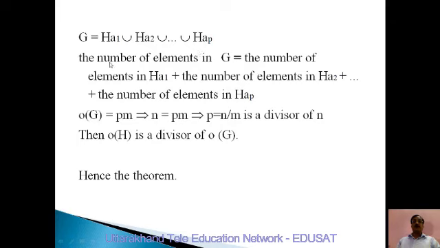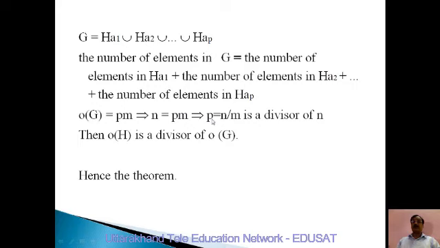Therefore, the number of elements in G equals the number of elements in Ha1, plus the number of elements in Ha2, plus the number of elements in Hap. So the order of G is given as pm. The order of G is n, therefore n equals pm.